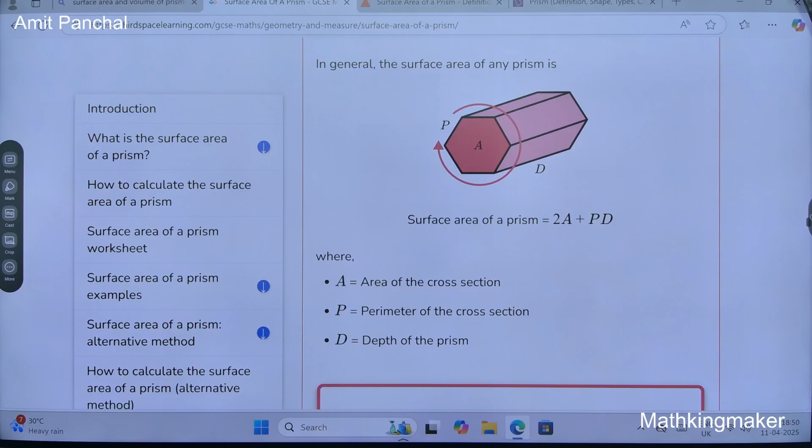Area of pentagon is half perimeter into side. Perimeter into A, where A is the apothem.